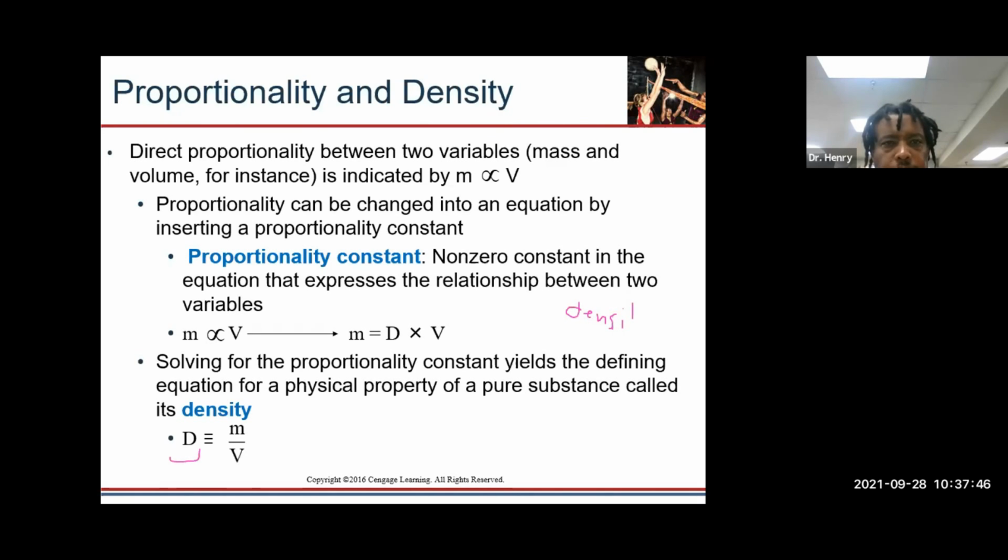Let me type that. Okay, it's always going to be the same at room temperature.